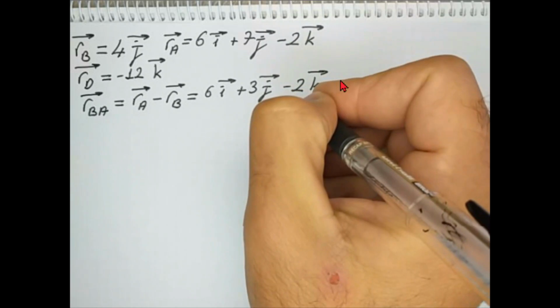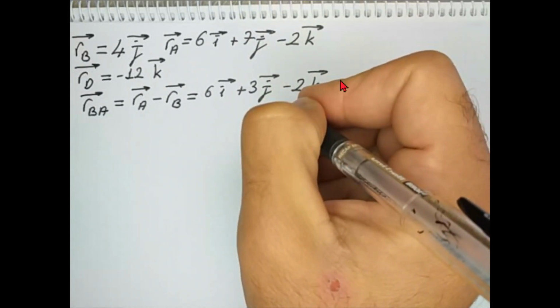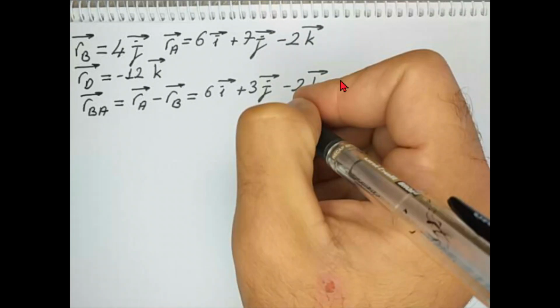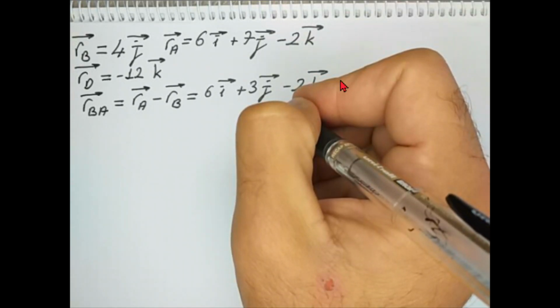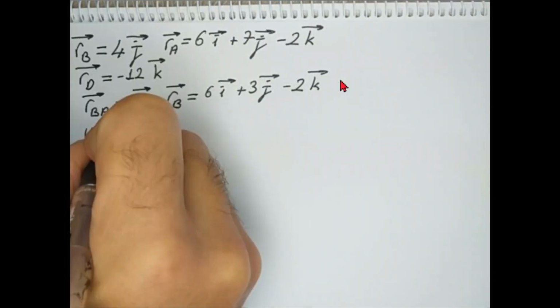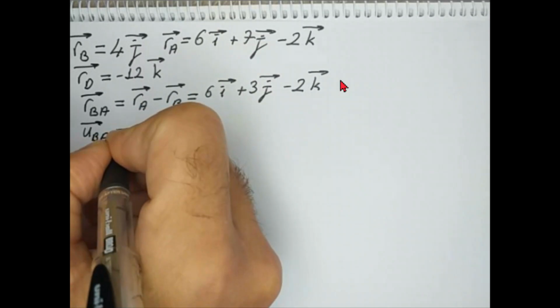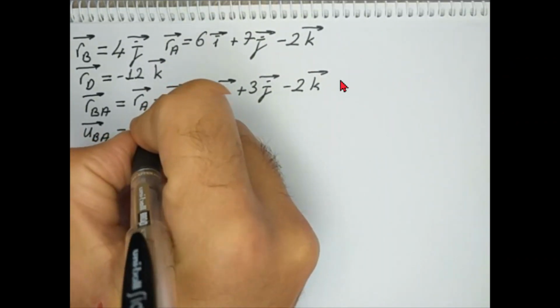Now I can calculate the unit vector from here. UBA is equal to RBA divided by its magnitude.